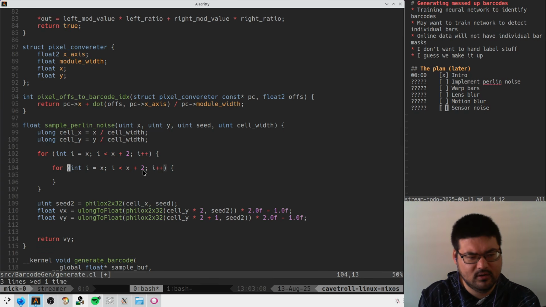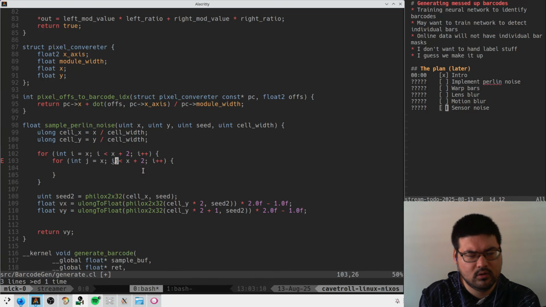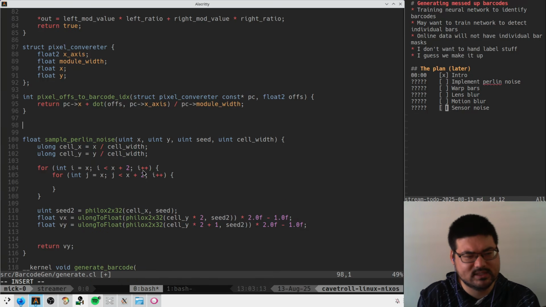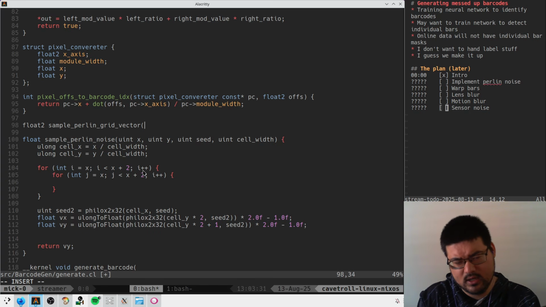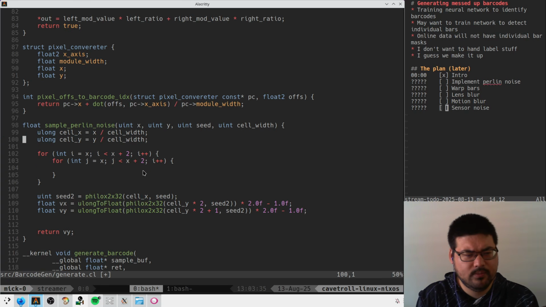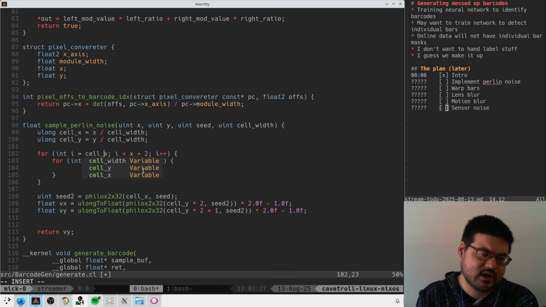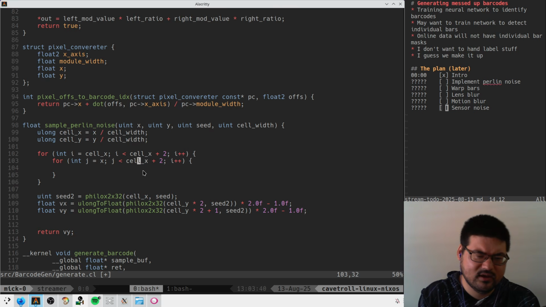for j, we almost want to make this like get sample Perlin vector, Perlin grid vector or something, right? And this should be cell x here actually, not x, I think.